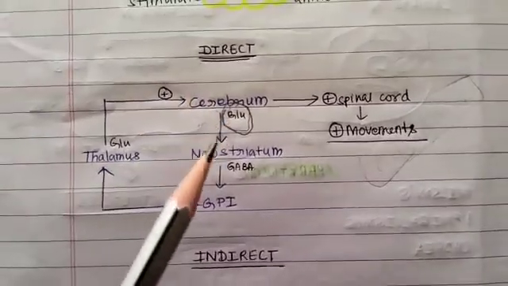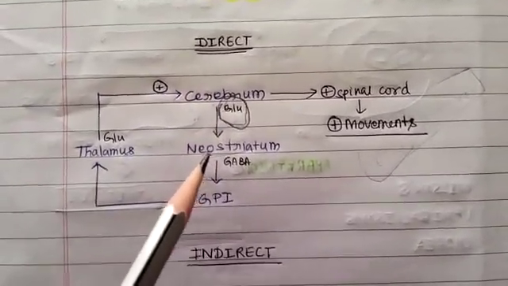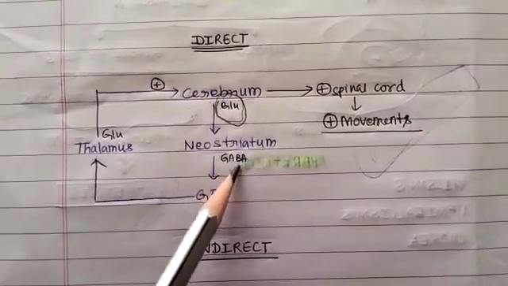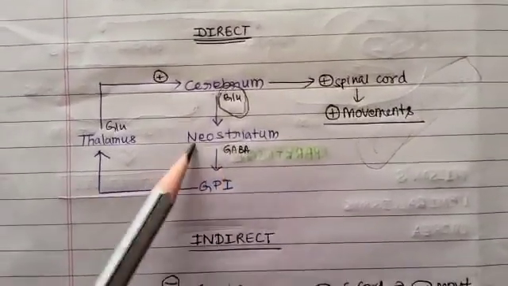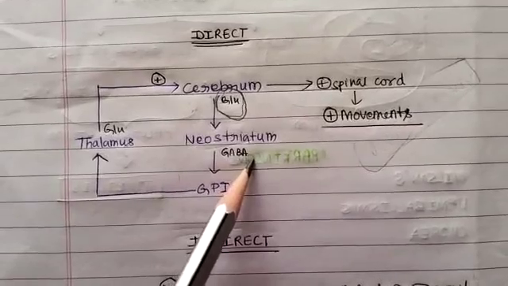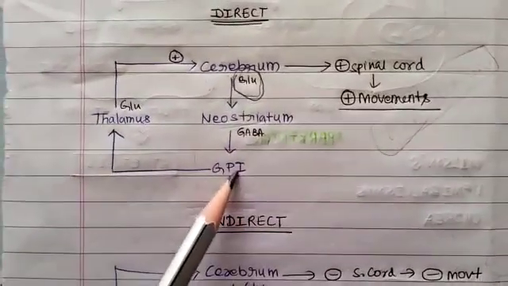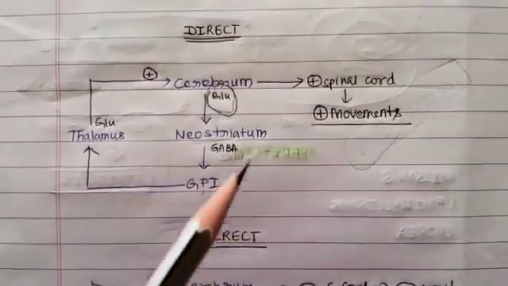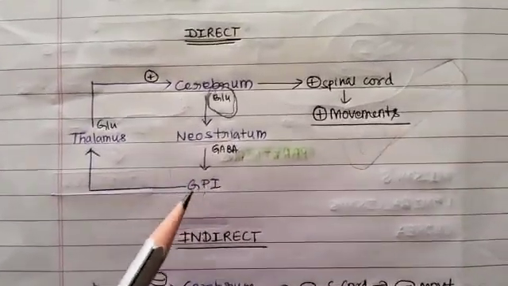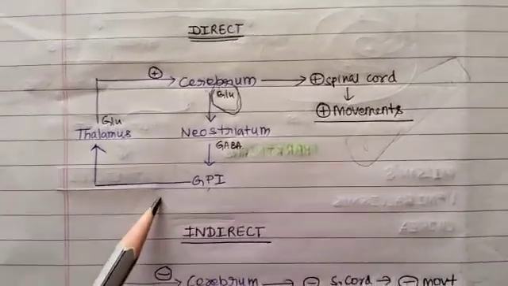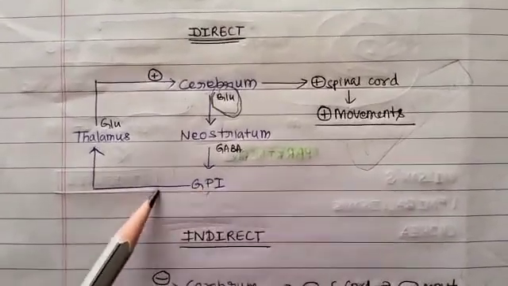So glutamate is going to stimulate the striatum. Basal ganglia always release GABA. GABA is inhibitory. So this inhibitory neurotransmitter will be released to the globus pallidus internus. So now this globus pallidus internus is inhibited because of GABA. So now it can't secrete its GABA. So it is inhibited, it is not functioning.